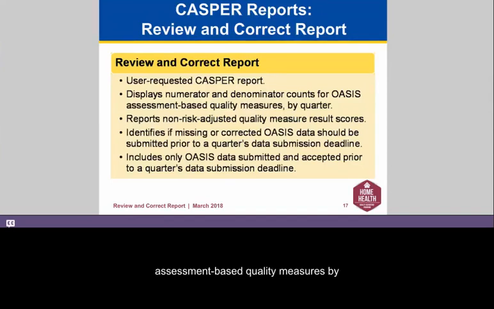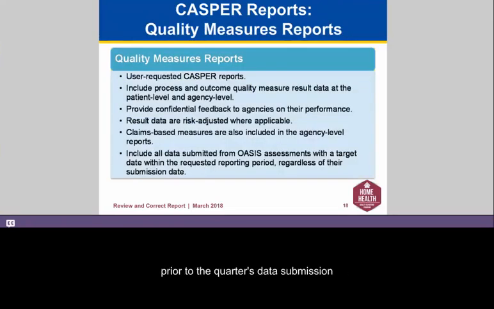This is non-risk adjusted quality measure result scores. That's an important factor. It's going to identify if missing or corrected OASIS data should be submitted prior to that quarter's data submission deadline. And it includes only that OASIS data that has been submitted and accepted prior to the quarter's data submission deadline.